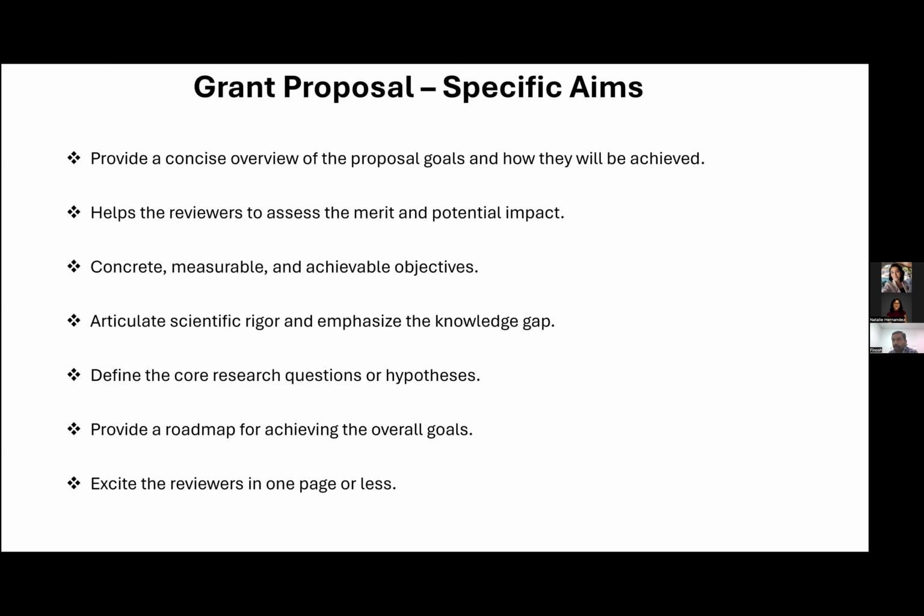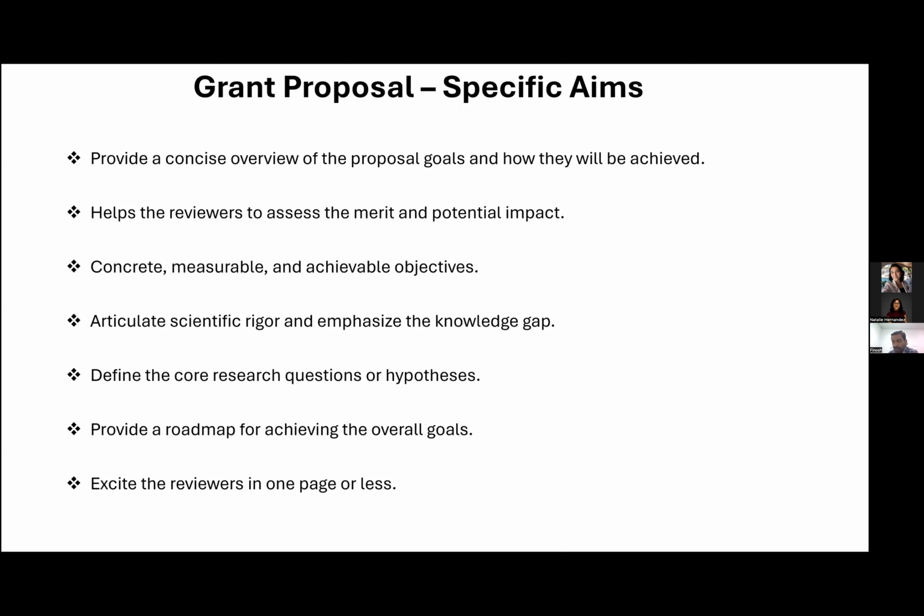That is the overview of the entire story which you are planning to propose, or the entire experiments or research which we are going to propose, in a very comprehensive, precise, as well as effective manner. And this will help the reviewers to assess the potential impact and merit of your research.